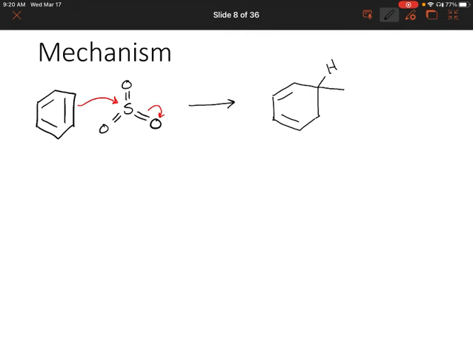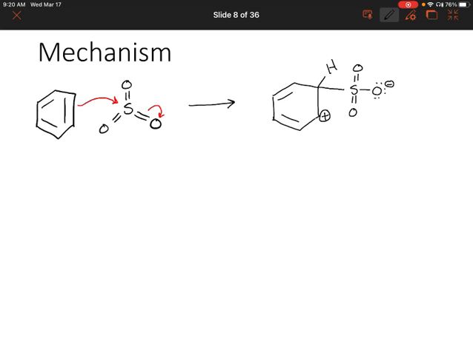Okay, so our intermediate, again, is called a sigma complex, or an arenium ion. And here we'll have a positive charge on 1 carbon. And on the other carbon, we've added that sulfur trioxide group.